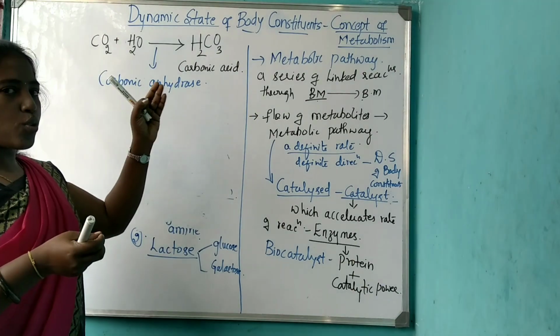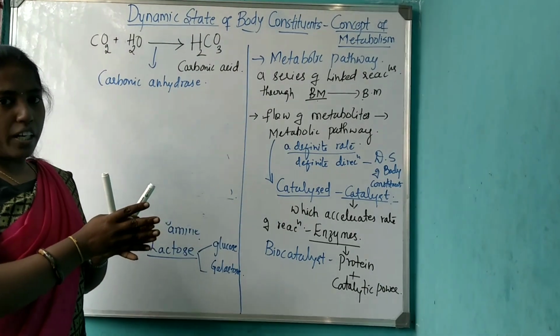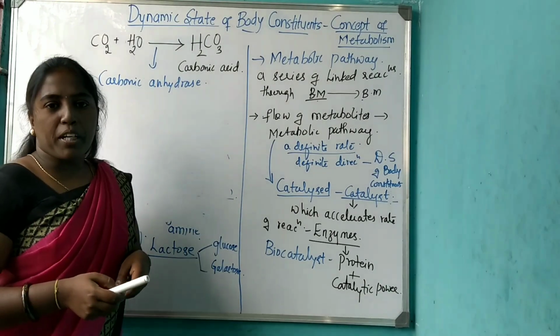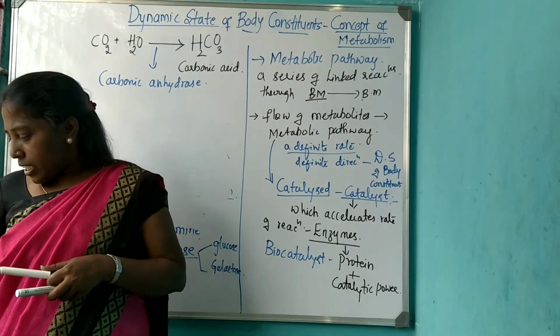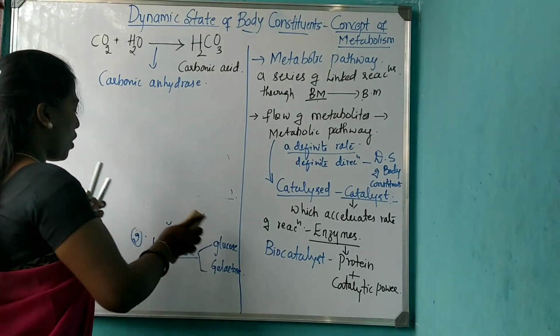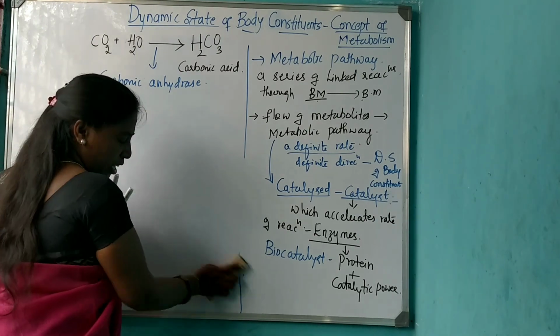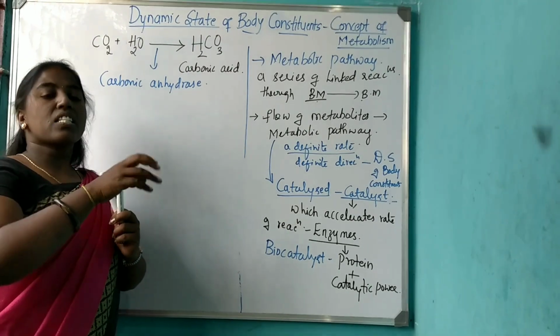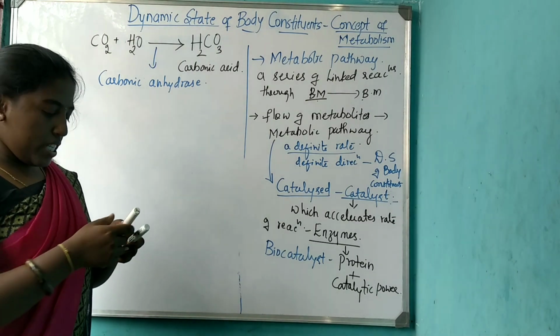metabolic pathways. As I told, metabolic pathways are where a series of reactions are involved. There are two types of metabolic pathways in living organisms. One is called catabolism, another is called anabolism.